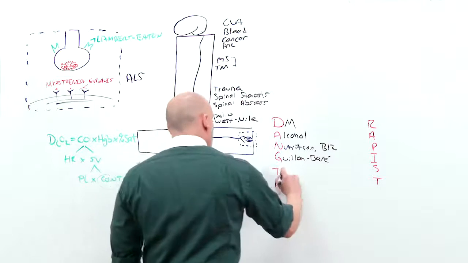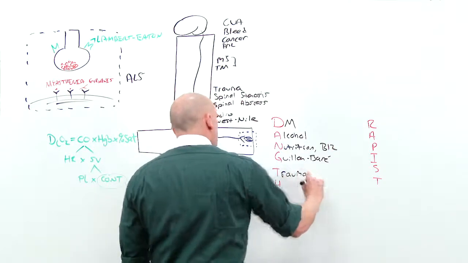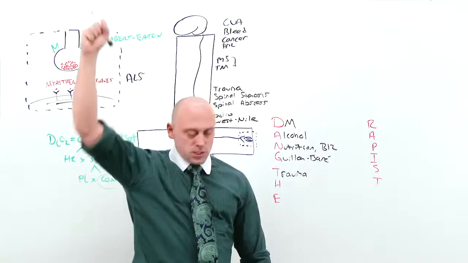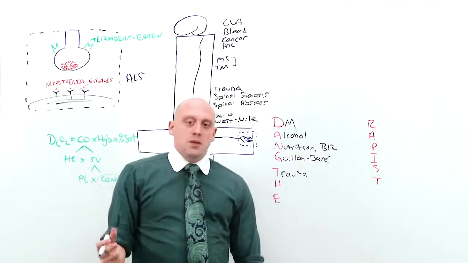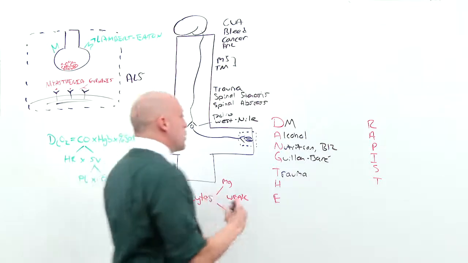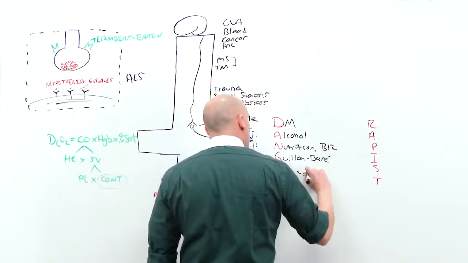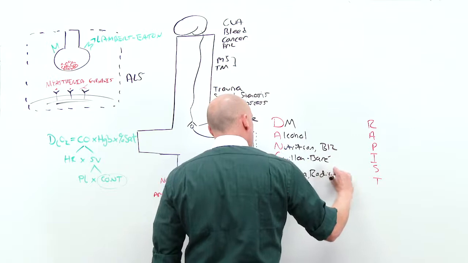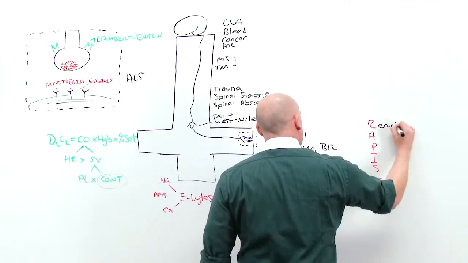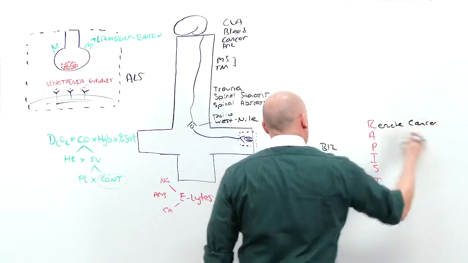G is Guillain-Barré. T is for trauma. And yes, you can actually have someone fall off a roof and grab onto a bar and tear their brachial plexus. Yeah, you can get shot in the foot. But really what trauma is there for is because you want to bring up the point of radiculopathy. And the R is taken by remote cancer in RAPIST.